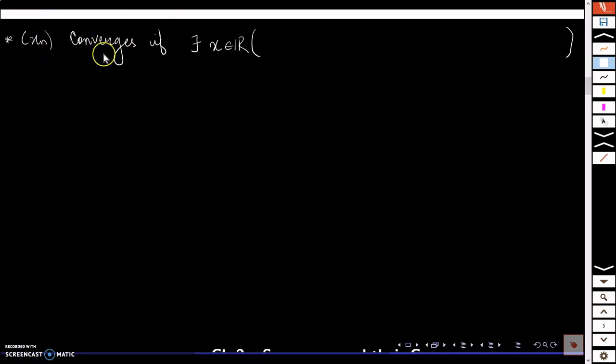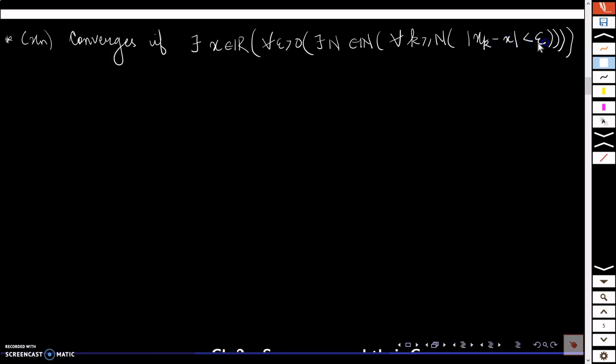So if you know that xn only converges, then I can say the definition is, there exists a real number r such that for every epsilon positive there exists a natural number capital N such that for all k bigger than or equal to capital N, the difference between xk and x must be less than epsilon.